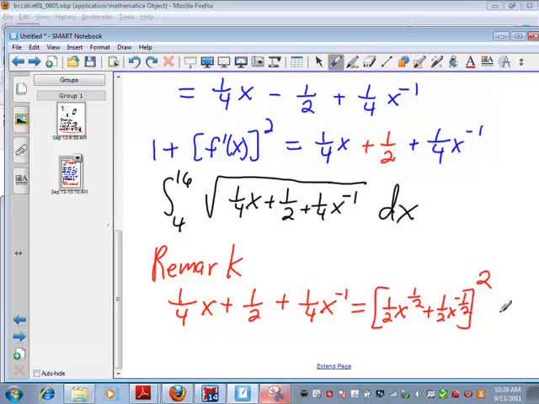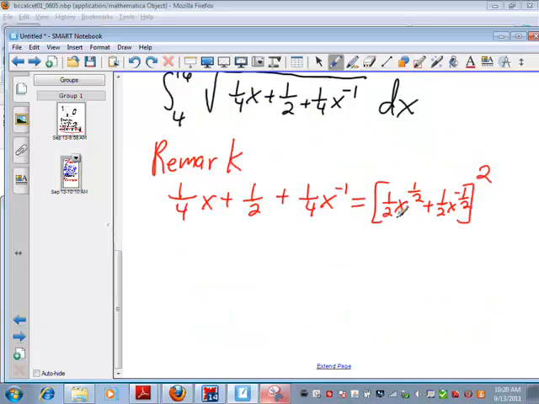So that's the remark. And so the point is that the one that I give, you'll be able to just write the integral, get full credit. But if you have the clairvoyance to see that the thing I'm going to give you is a perfect square, then for that I'll give you 2 more points.